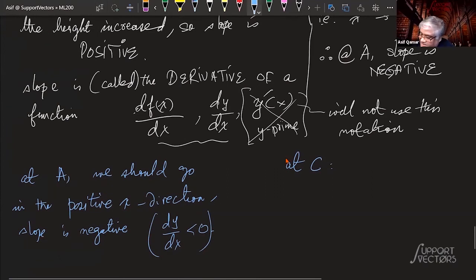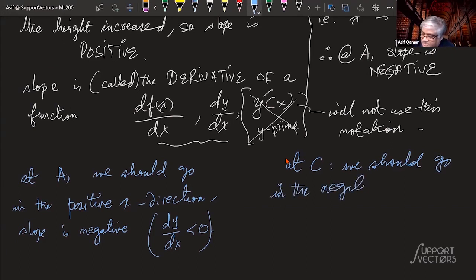At C, we should go in the negative x direction. Here, slope is positive.